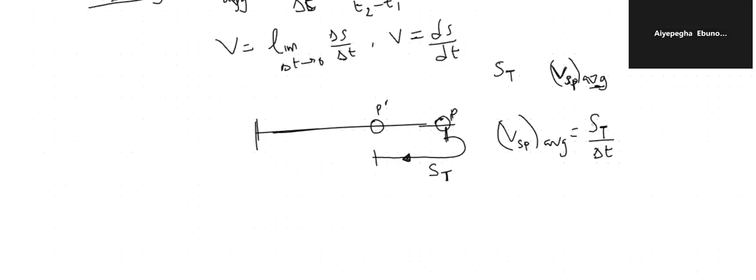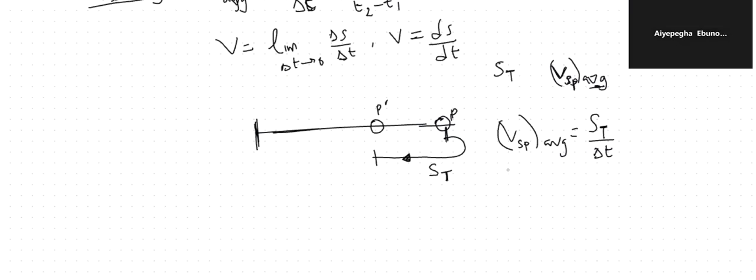Now the average speed is also something like speed, and it is the magnitude of velocity, and it is positive, right?